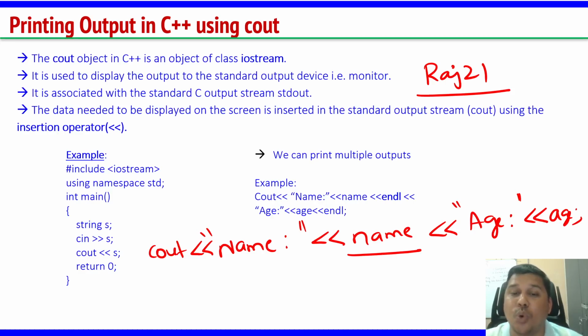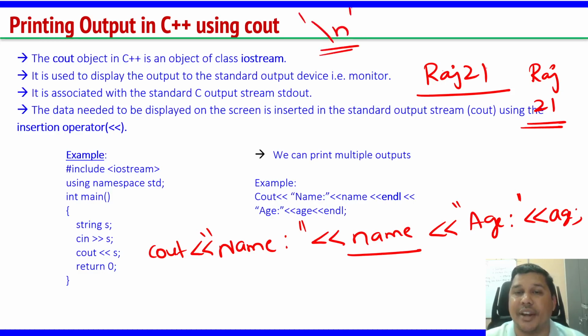But if you want to print these two outputs, Raj and 21, in two separate lines, in a C program what do we do? We use \n. When you use \n, it prints the output in a new line. In the same way, here we have a keyword, endl. endl stands for end line.